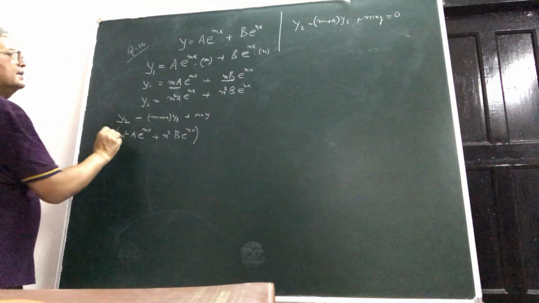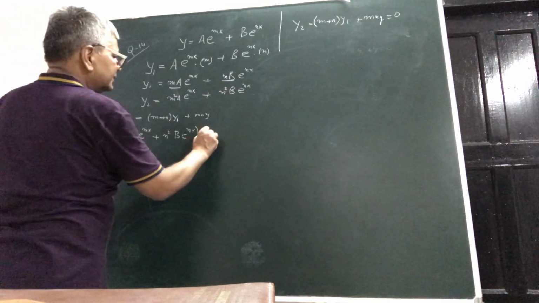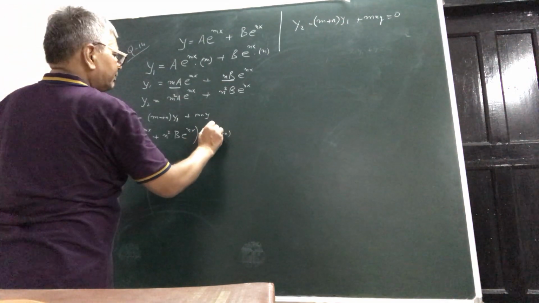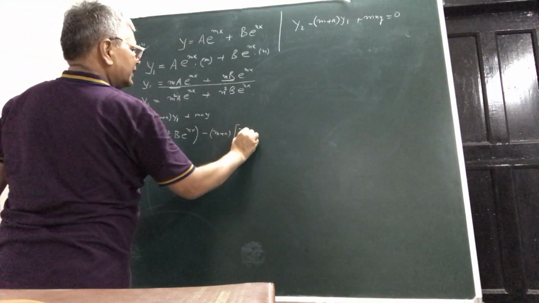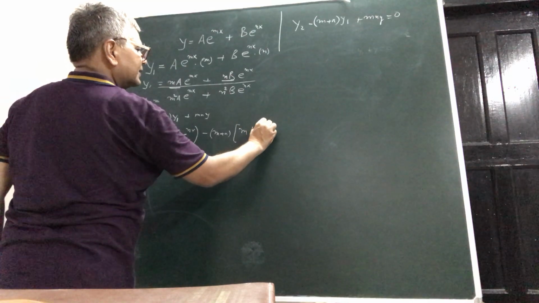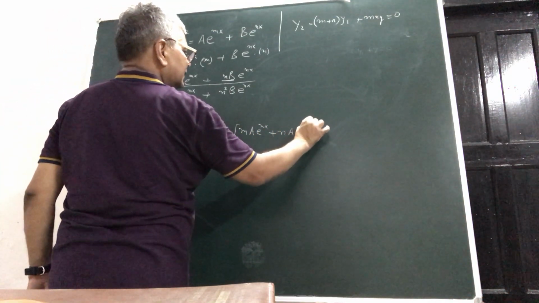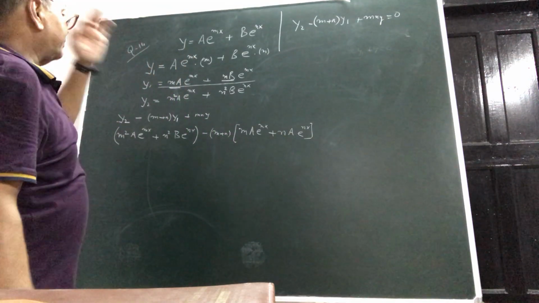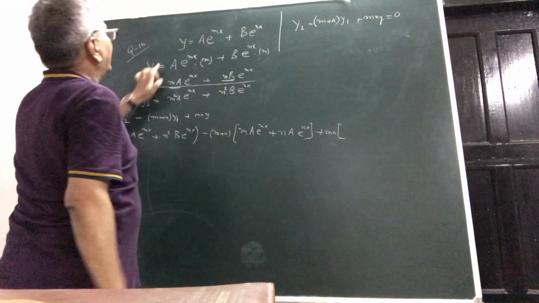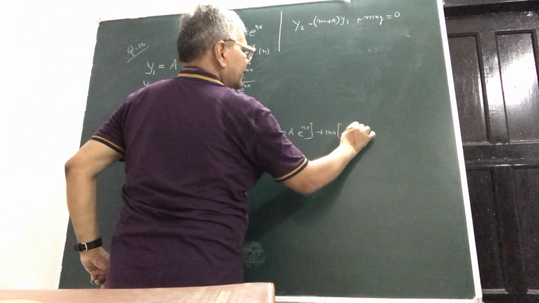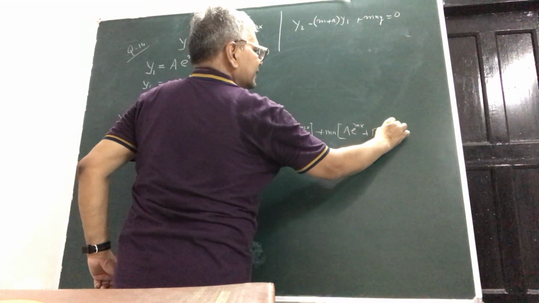Please see, this is the value of y2 which I have kept here, then y2 minus (m plus n) at the place of y1. I am putting this much value. So this is obviously m a e raised to power mx plus n b e raised to power nx, and then mn into y, and at the place of y I will put a e raised to power mx plus b e raised to power nx.